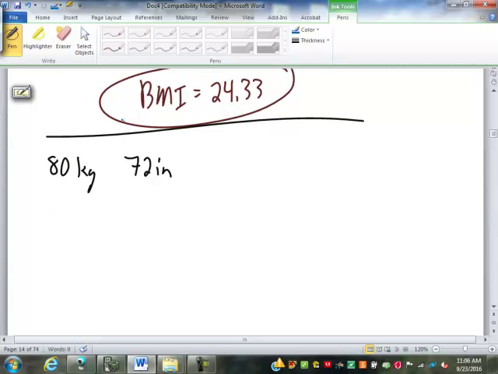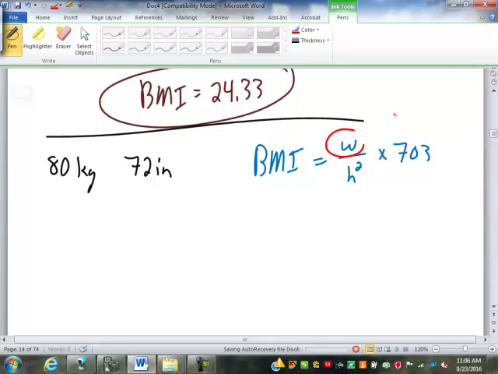Remember, the BMI formula is weight over height squared times 703. But what units does the weight have to be in? Pounds. So we have our formula that pounds is equal to 2.2 times kilograms. You have to do that first to get the weight in pounds. I'll give you a second to figure that one out.